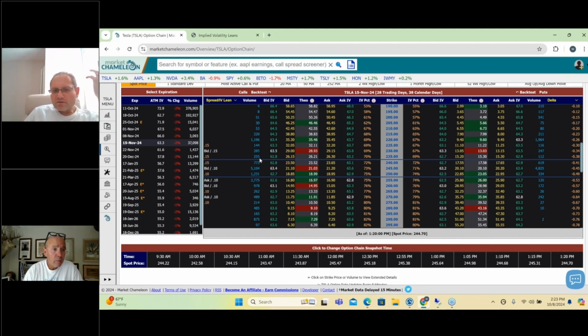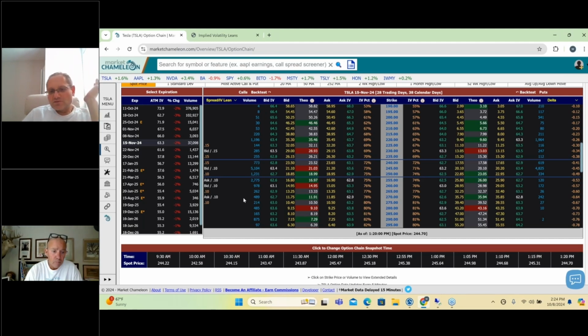So now, on a relative basis, we could compare the options based on the option price and its implied volatility. And what you'll notice here is some of them we have highlighted in white versus this green. And this one that's highlighted in the white color is an implied volatility lean in that option.